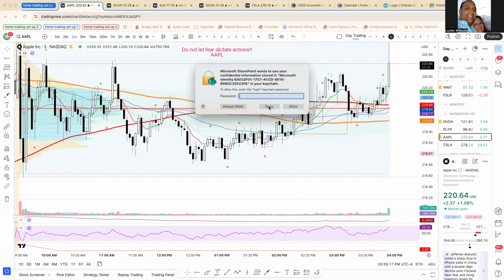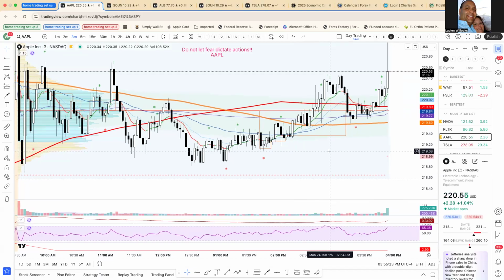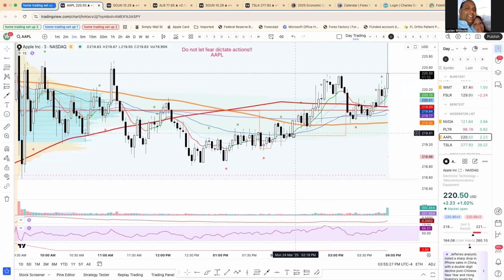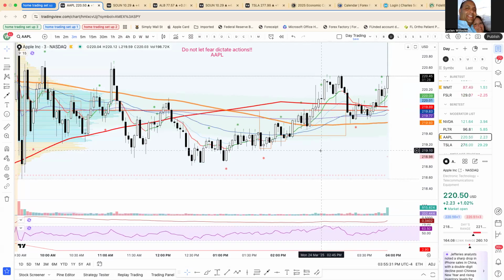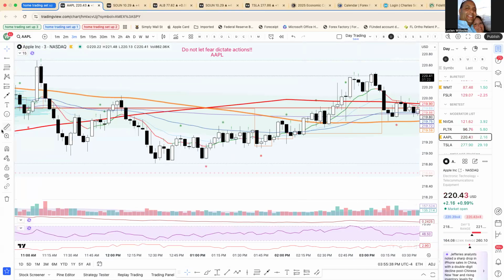Another way I use VWAP is if I'm already in a trade, then I will use the VWAP to check and see if EMAs are breaking above or below VWAP. Usually when the 10 and 20 break above VWAP, and I'll show you what I'm talking about here.